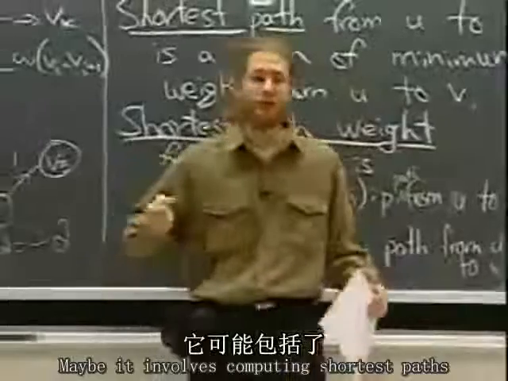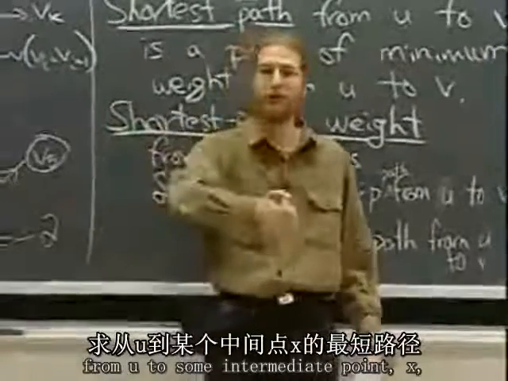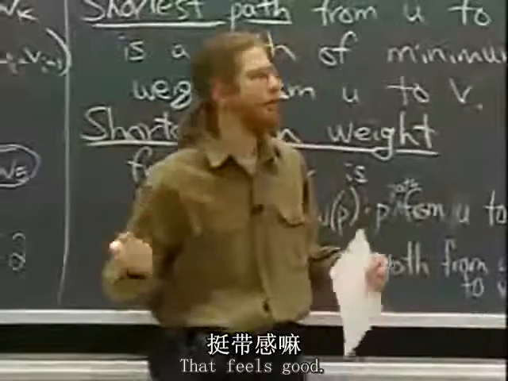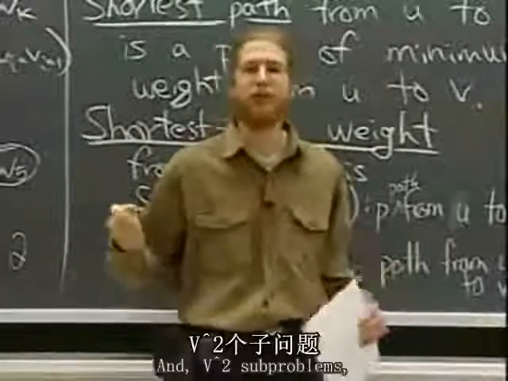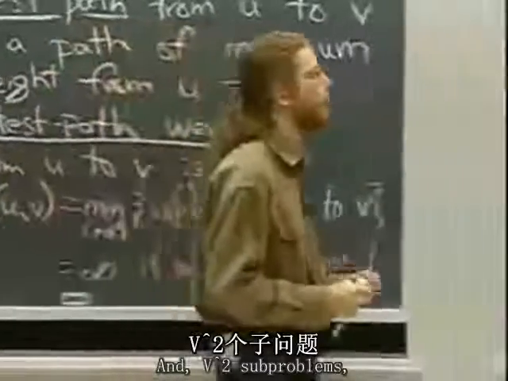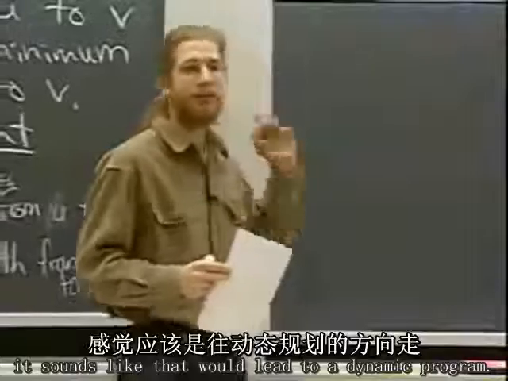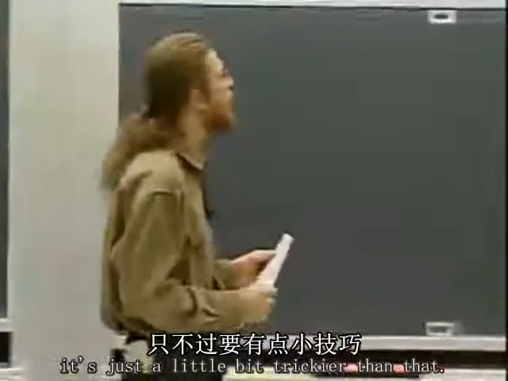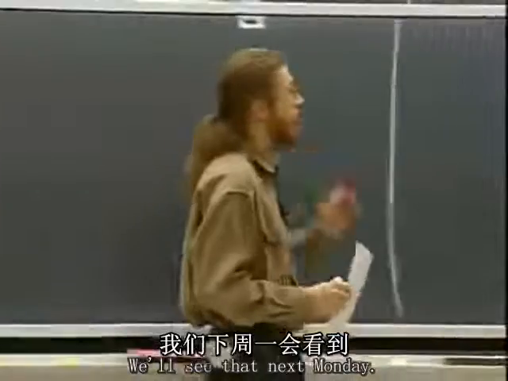Maybe it involves computing shortest paths from u to some intermediate point x and then from x to v, something like that. That feels good. That's quadratically many subproblems, V squared subproblems. Sounds like that would lead to a dynamic program. You can make it work out. It's just a little bit trickier than that. And we'll see that next Monday.